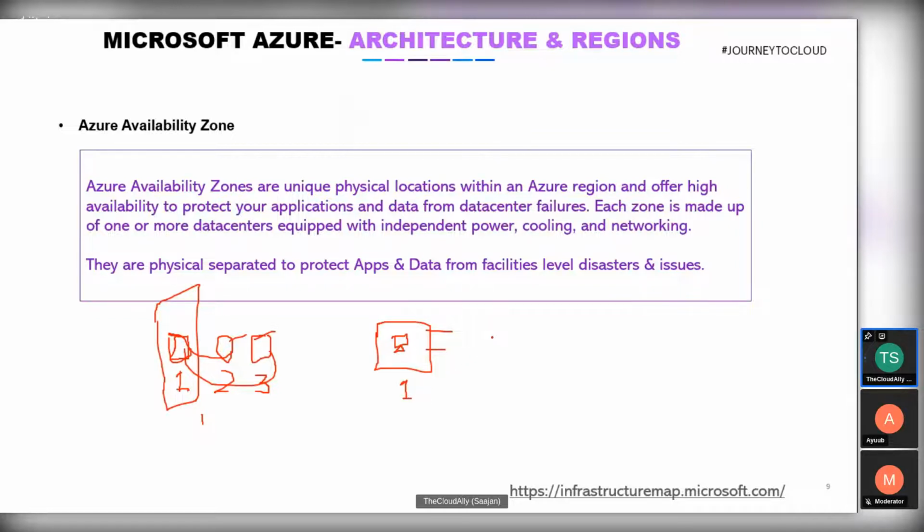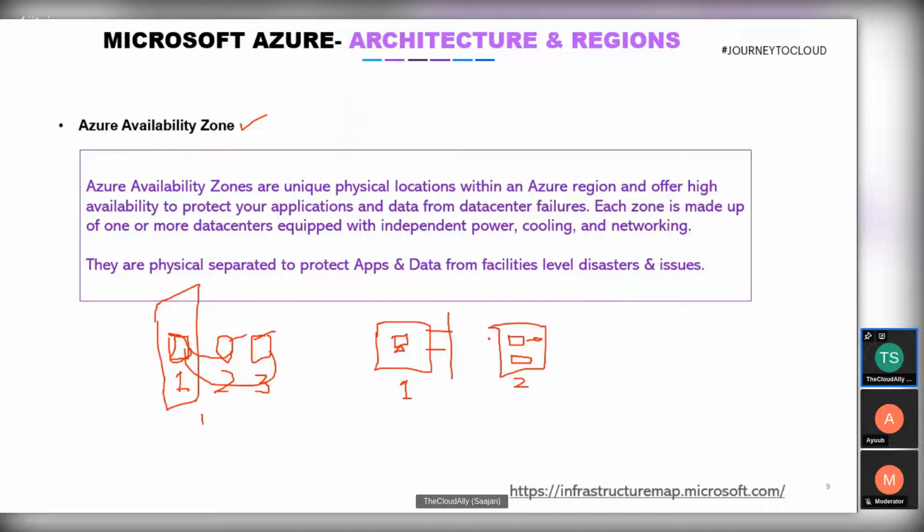Now you enable the availability zone option, and they want you to mention an availability zone. If you select availability zone 2, it will create a separate IP address and separate managed disk in availability zone 2. And in case this one fails, you still have to change the IP address here.